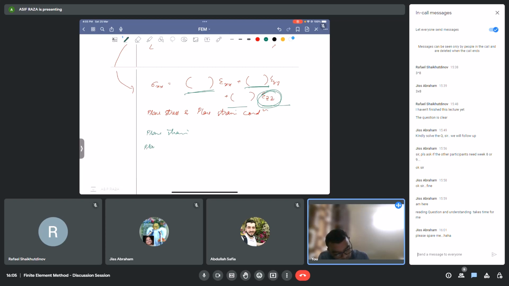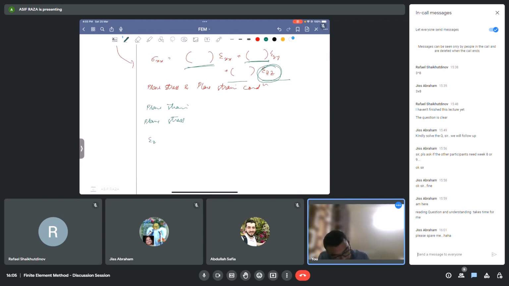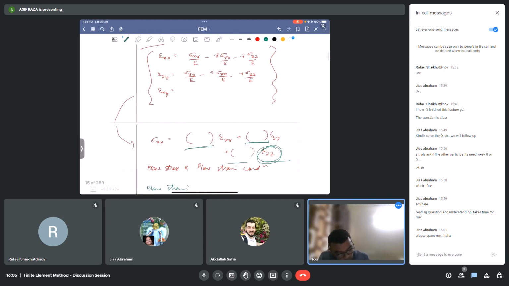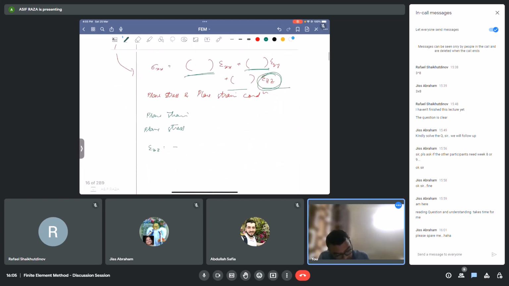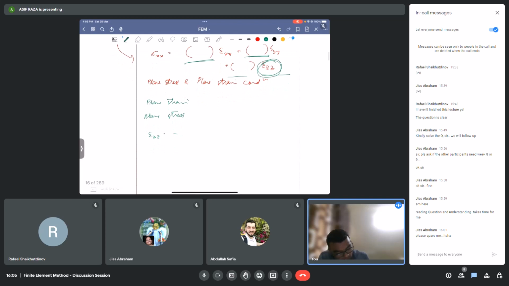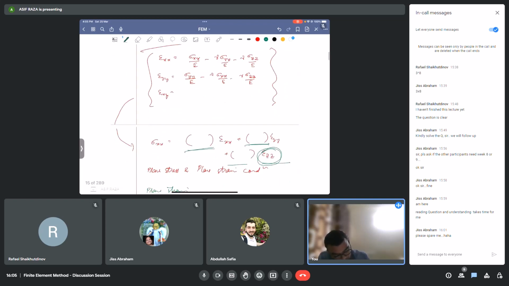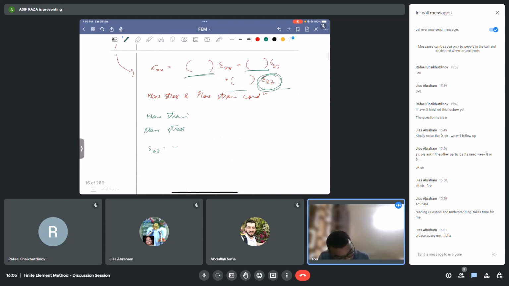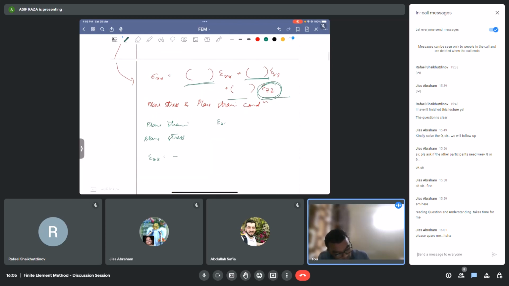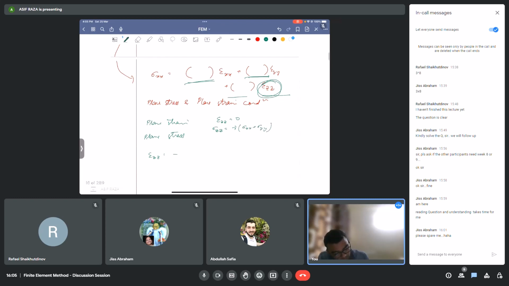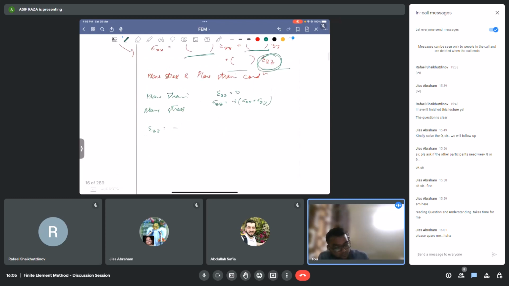Epsilon zz equal to 0 gives sigma zz equal to nu times sigma xx plus sigma yy, so I am going correct.